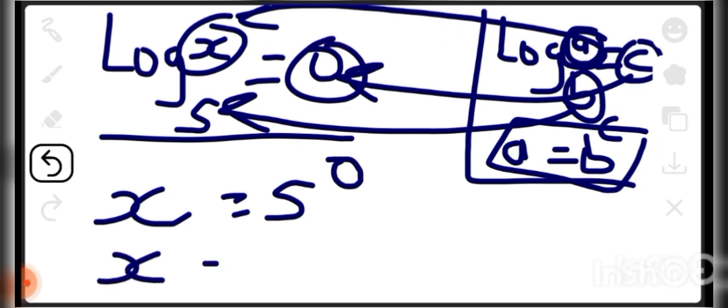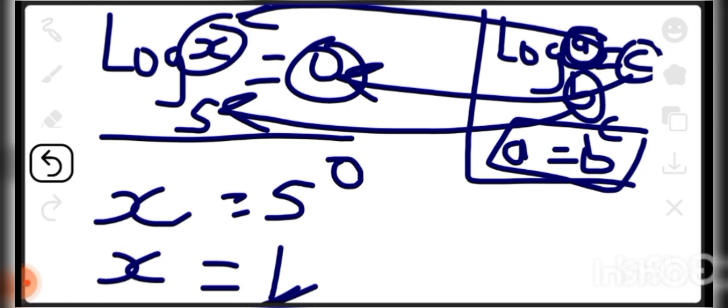So x is equal to, if you have a number other than 0 raised to power 0, it will be 1, from the rules of indices. So that is the value of x. x must be equal to 1 for this logarithmic equation to be valid.